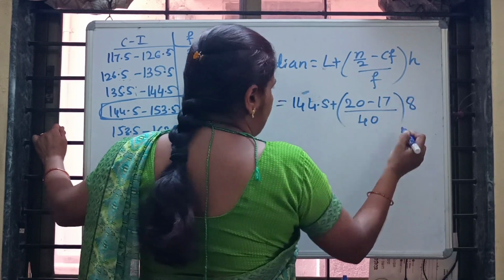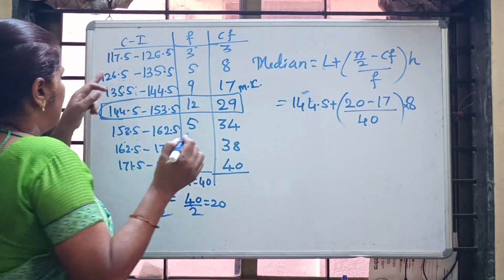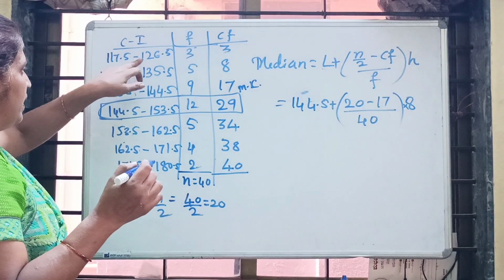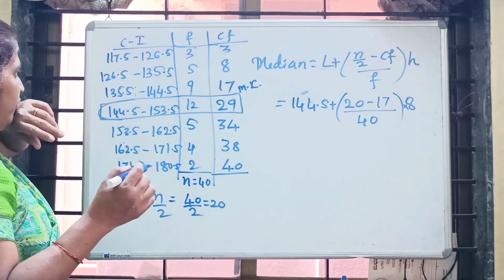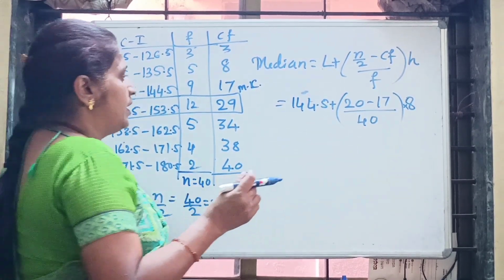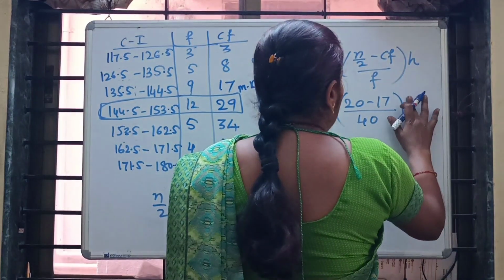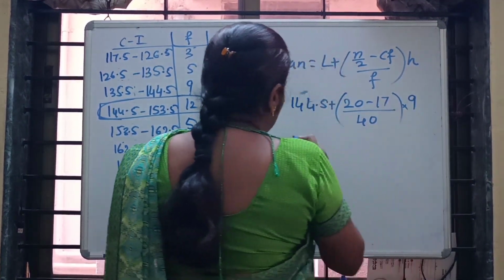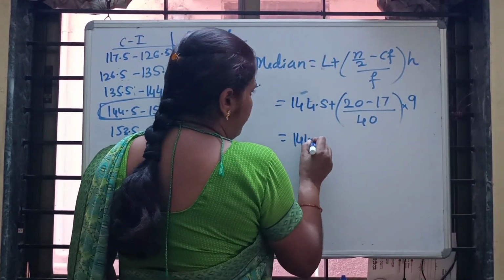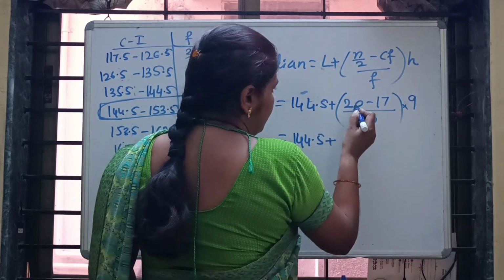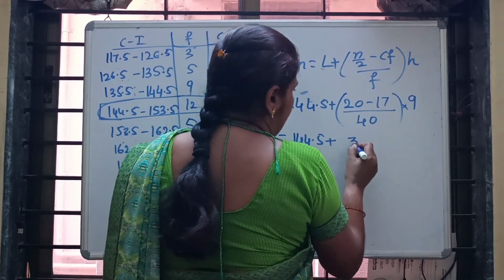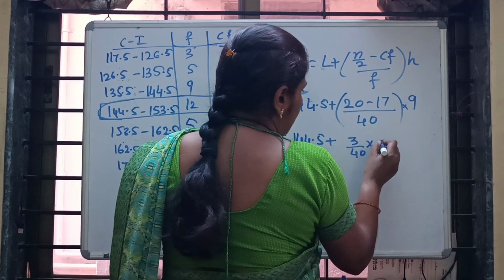The size is 9, not 8, it is 9, since 117.5 to 126.5 gives 9. So now 144.5 plus 20 minus 17 is 3, 3 by 40 into 9.